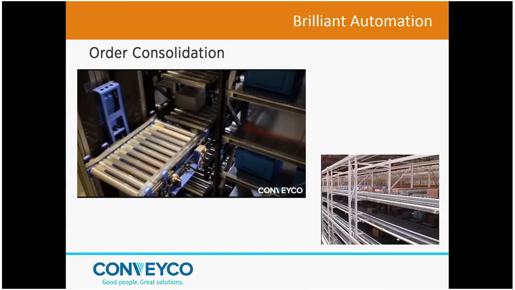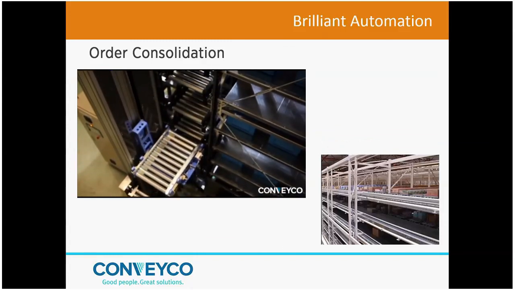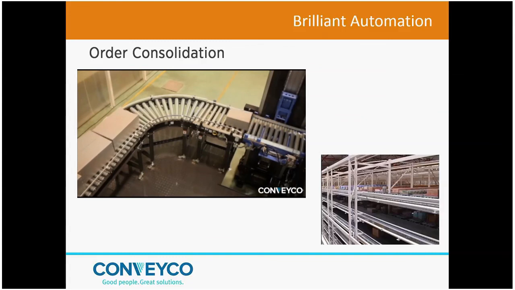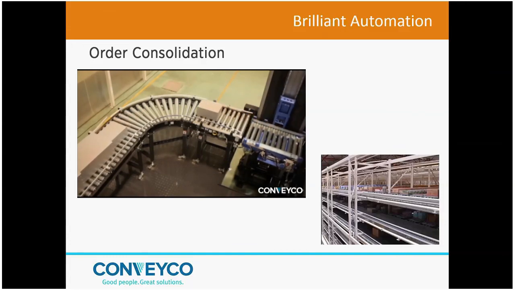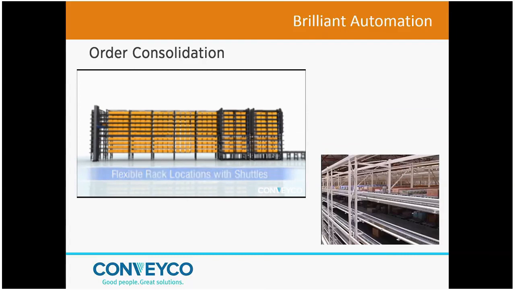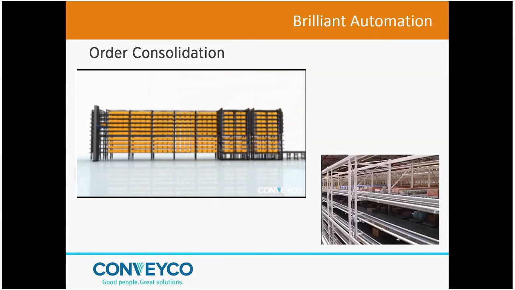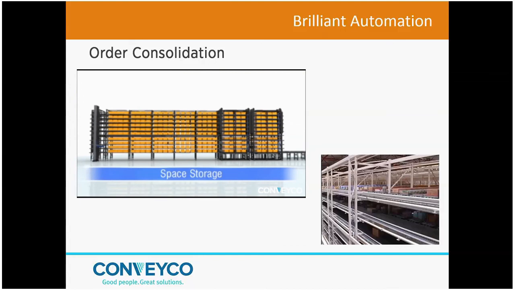So what you can do is pick from multiple areas, have each order consolidated in its own holding lane, and then when it's time to ship that order, the truck is there, whatever the criteria is, when that order is ready to be loaded or shipped or something similar to that, you release the entire order at a time, and you can release those orders like if you're loading a delivery truck, the last order to be delivered goes in first, and the first order to be delivered off the back of the truck goes in last, so that everything is in an orderly fashion in that delivery truck to minimize the confusion and errors by the route delivery driver.